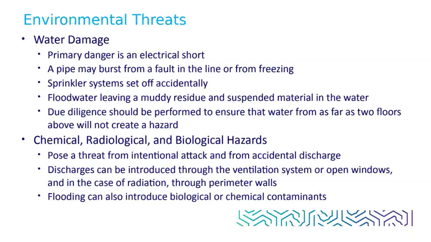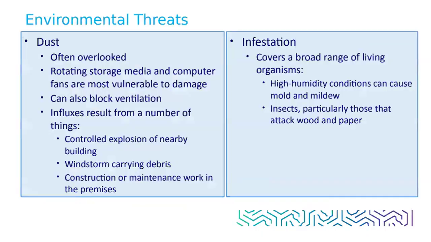And the chemical, radiological, and biological hazards may arise from intentional attacks or accidental discharges. So they will enter through the ventilation systems or even through an open window. And flooding can introduce chemical or biological contaminants, which makes environmental protection an essential aspect of physical security.